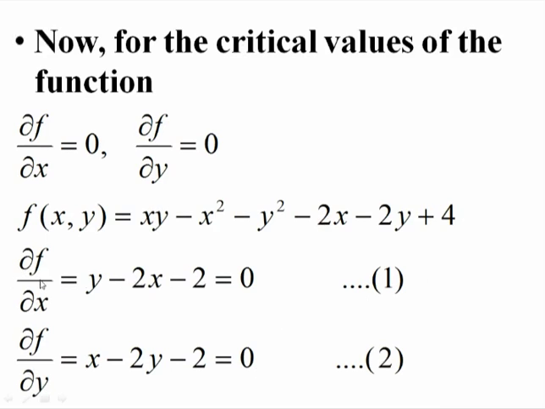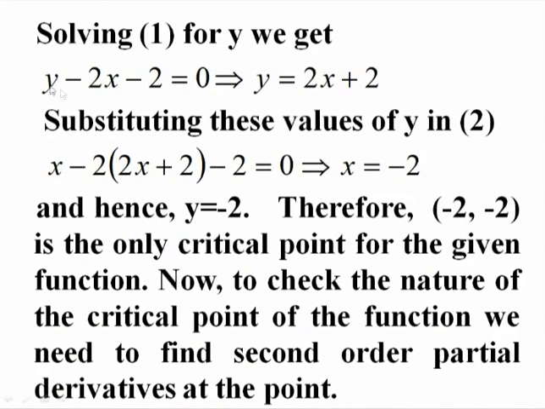So we need to find the values of x and y which satisfy equations 1 and 2. For solving 1 and 2, we take 2x minus y is equal to minus 2, or we can say y is equal to 2x plus 2. We have the first equation y minus 2x minus 2 is equal to 0. That means y is equal to 2x plus 2.